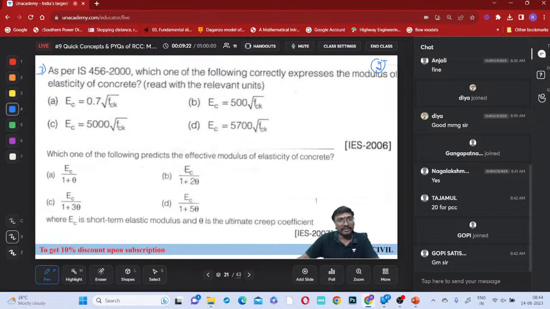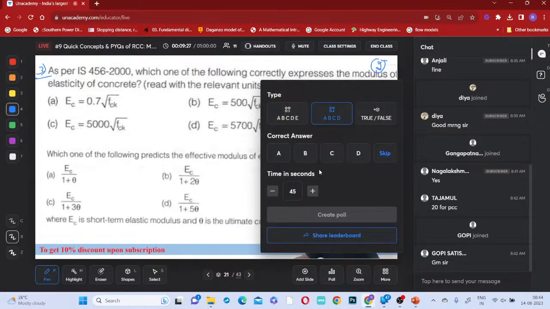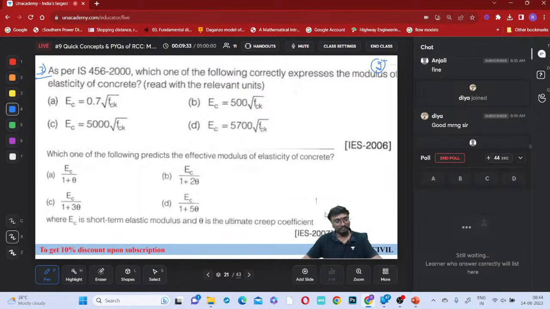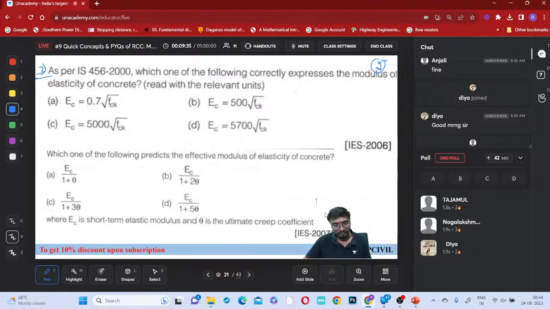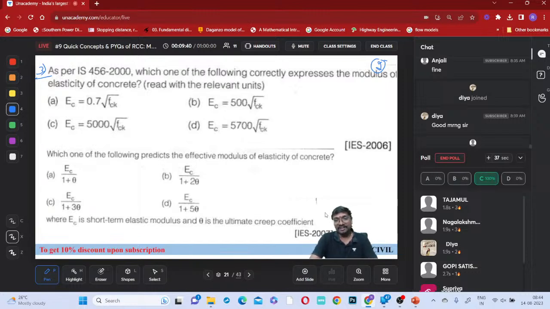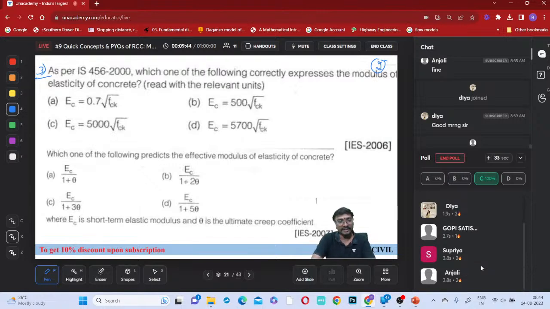Try to answer this third question. Select your answer. 100% correct: Tajamul, Nagalakshmi, Diya, Gopi, Supriya, Anjali answered correctly. What about the remaining?